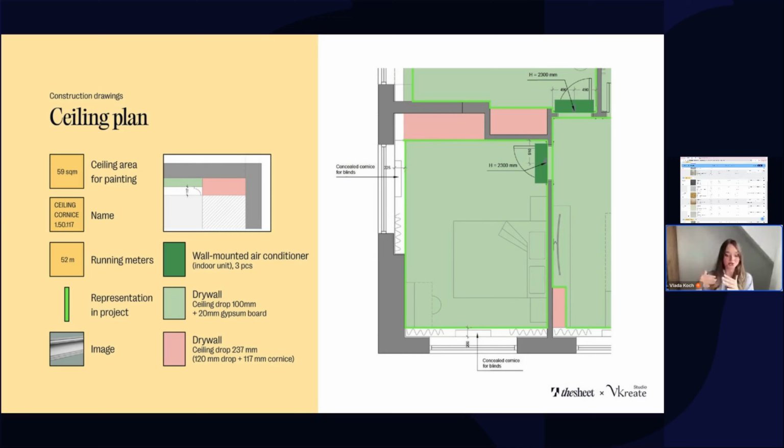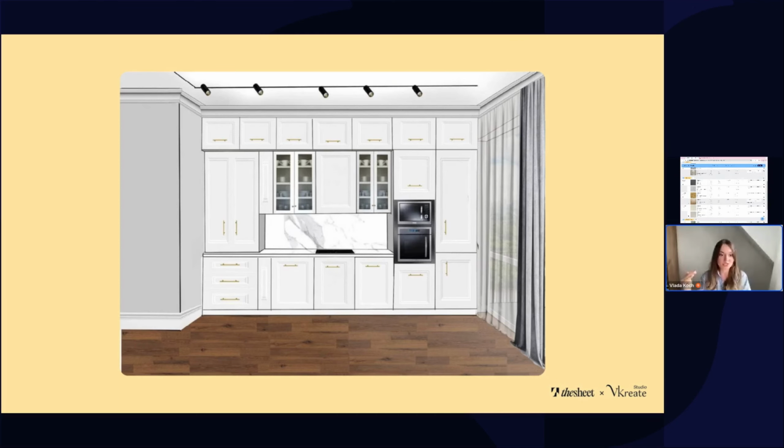But for doing this, I already have to know the height of the cornice. So these are small details, but it's so important not to forget about it. Otherwise, for example, in the kitchen, you would have a situation when your upper cupboards would go directly to the ceiling, and you wouldn't have a place for the cornice.